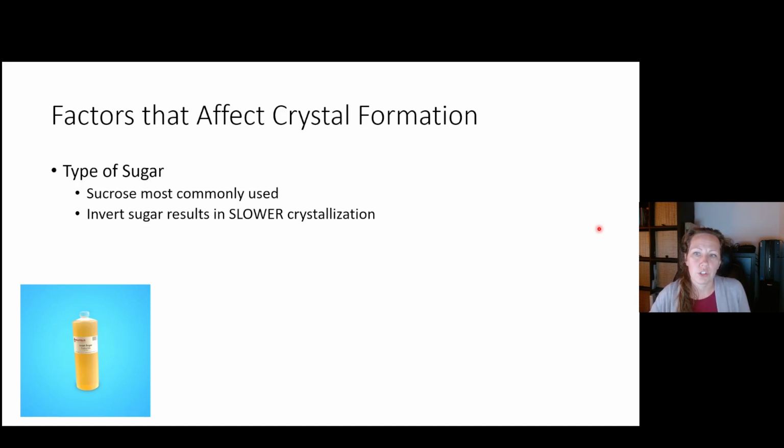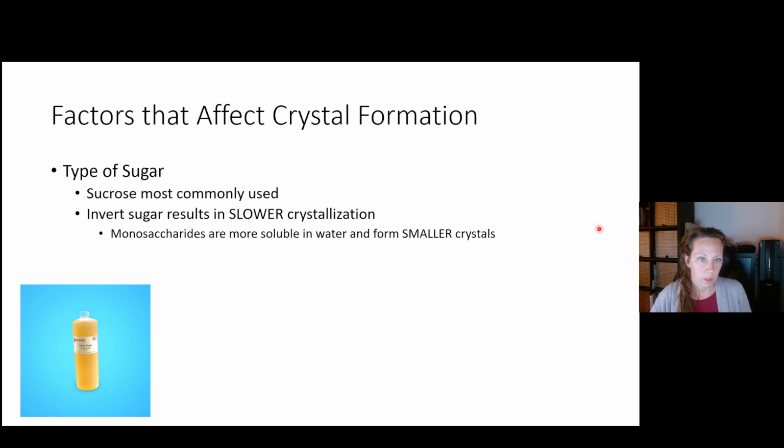So remember that invert sugar is just the two monosaccharides that make up sucrose, which are glucose and fructose, and a 50-50 mixture of those. Okay. And the reason invert sugar results in slower crystallization is because monosaccharides are more soluble in water and they form smaller crystals.